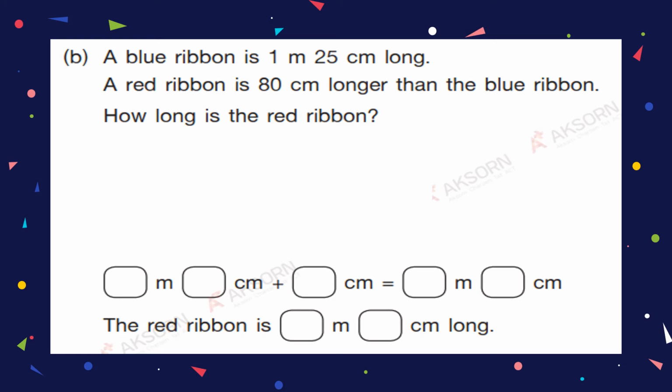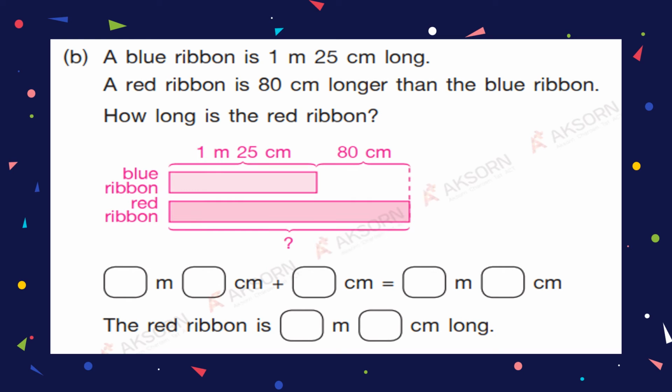So let's draw the model. We have the blue ribbon, which is 1 meter and 25 centimeters, and the red ribbon is 80 centimeters longer.